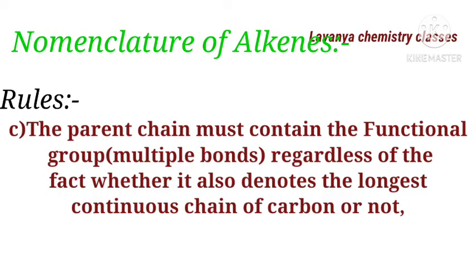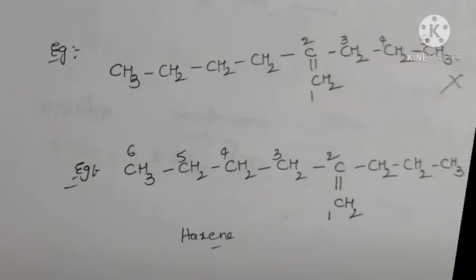And the third rule for naming alkenes is that the parent chain must contain the functional group, that means the multiple bond, regardless of whether it is also the longest continuous chain of carbon or not. Look at this example. This is a carbon skeleton.